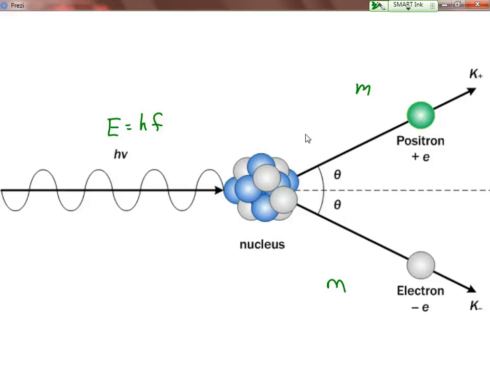Okay, meaning that the energy of the photon literally turns into m1 plus m2. So the question really is, how much energy do you need to turn a photon into 2 electrons?